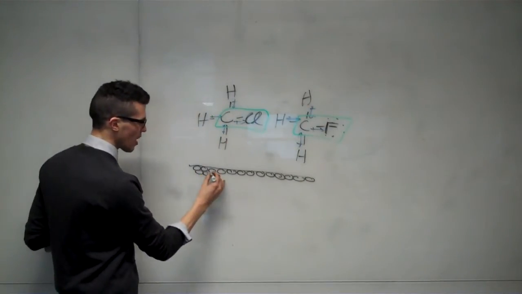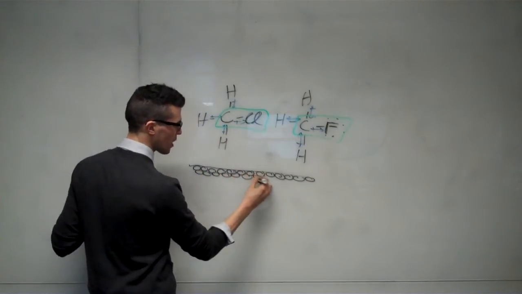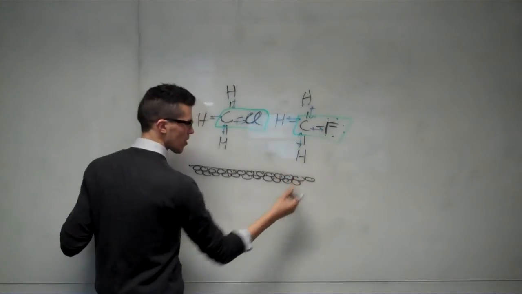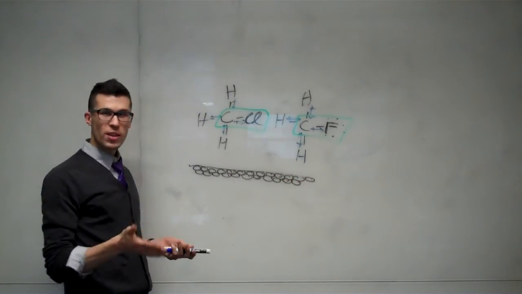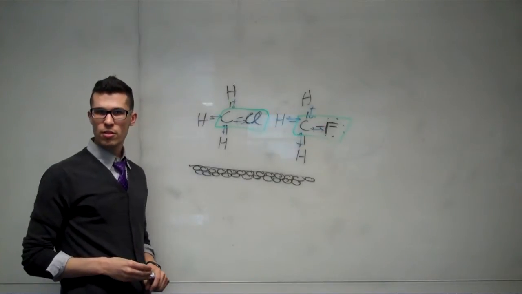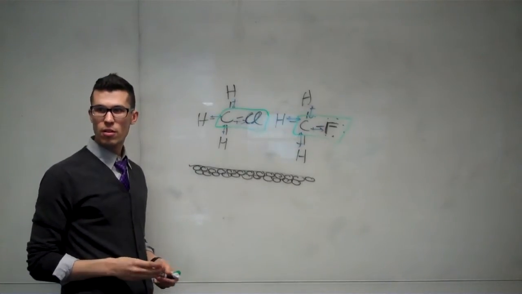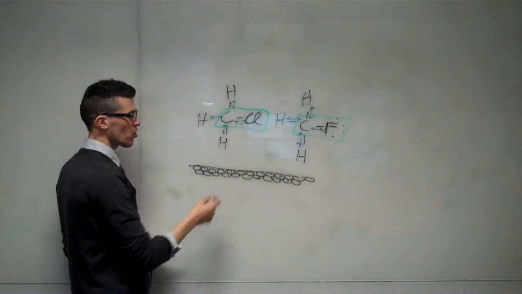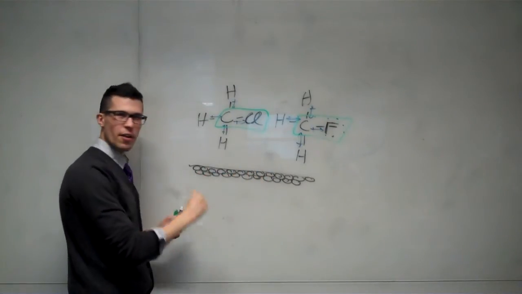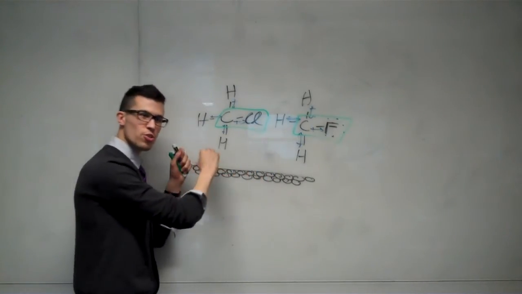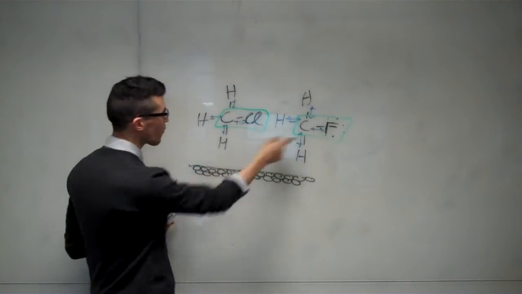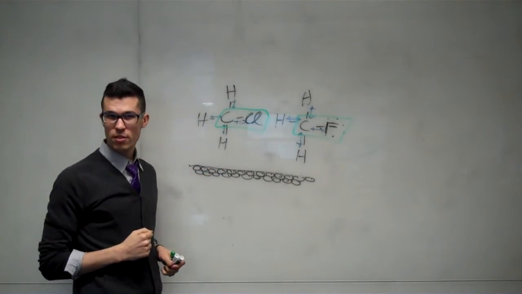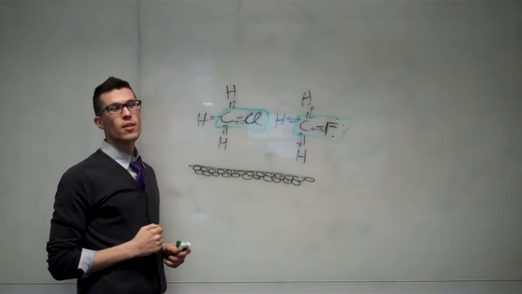The only thing that's keeping them from flying out and becoming gas is the intermolecular forces. And so if it's stronger, there's a stronger tension at the surface if you've got a stronger intermolecular force. Right?